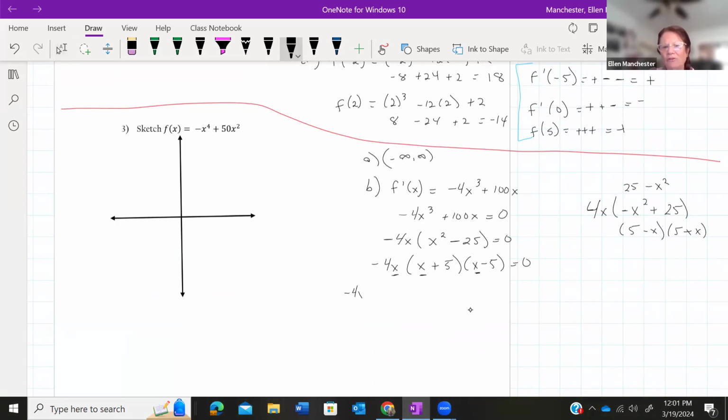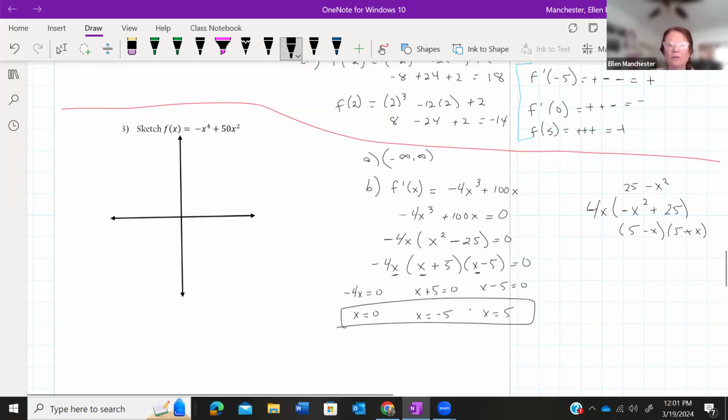So I have negative 4X equals 0. So X has to be 0 because negative 4 times 0 has to be 0. I'm going to have X plus 5 equals 0, so X has to be negative 5. And I have X minus 5 equals 0, so X has to be positive 5. Now I have 3 critical points.